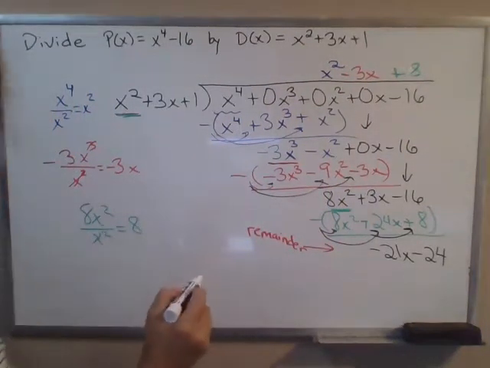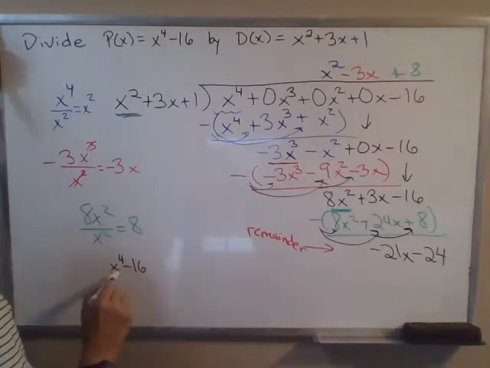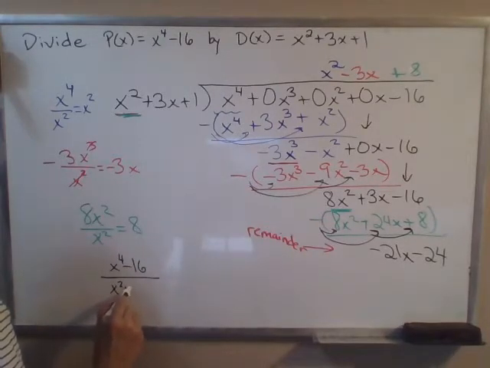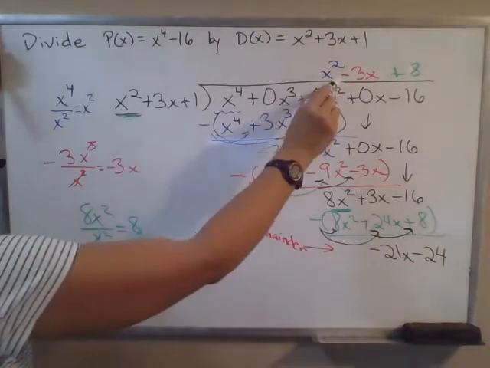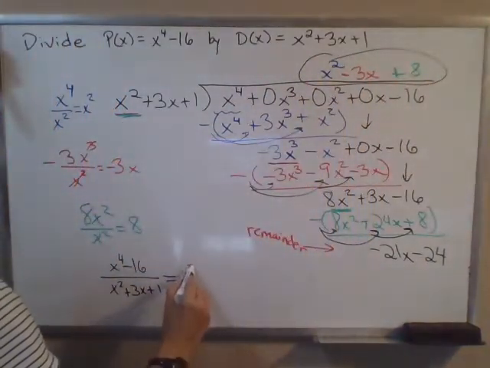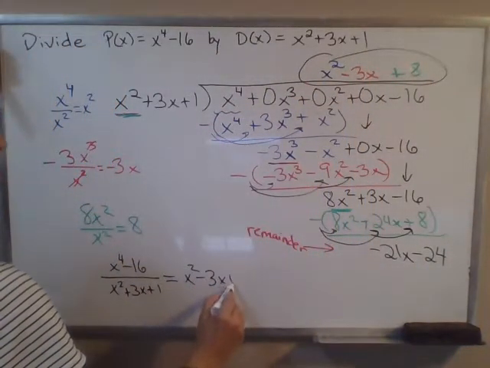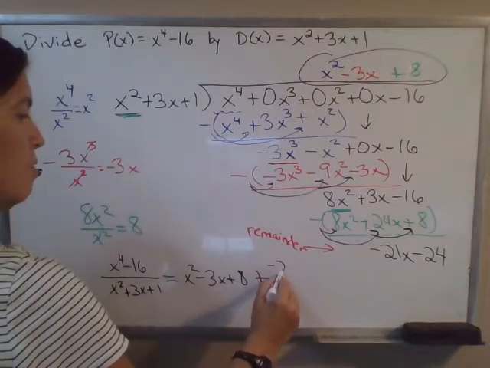Most likely the way you'll write your answer if you're putting it into MyMathLab. So I'm going to write the overall result here. So x to the fourth minus 16 divided by x squared plus 3x plus 1 is that, this is your quotient, x squared minus 3x plus 8 with the remainder of negative 21x minus 24.